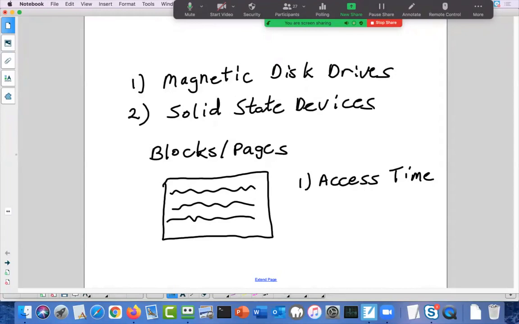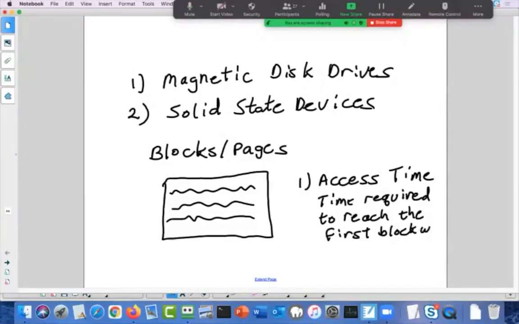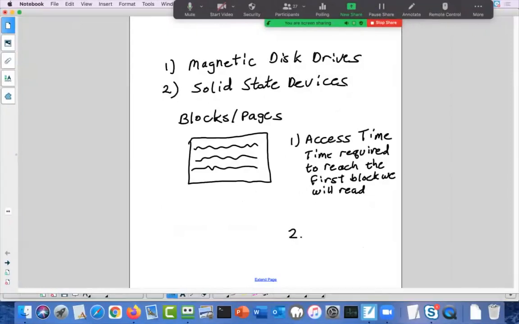So it's the time required to reach the first block we will read. And then there is transfer rate, which is the rate at which we can read blocks into memory.